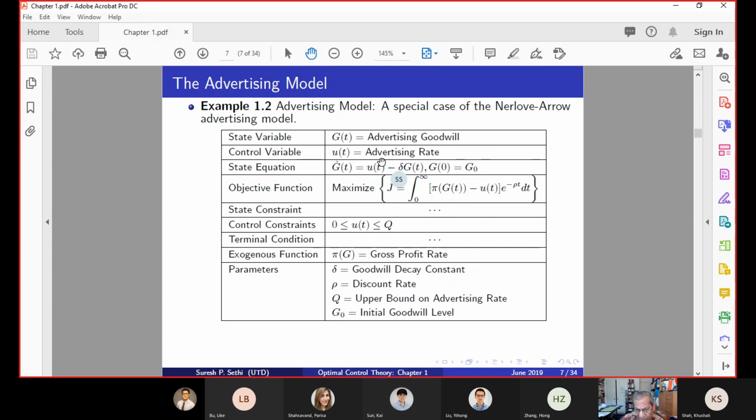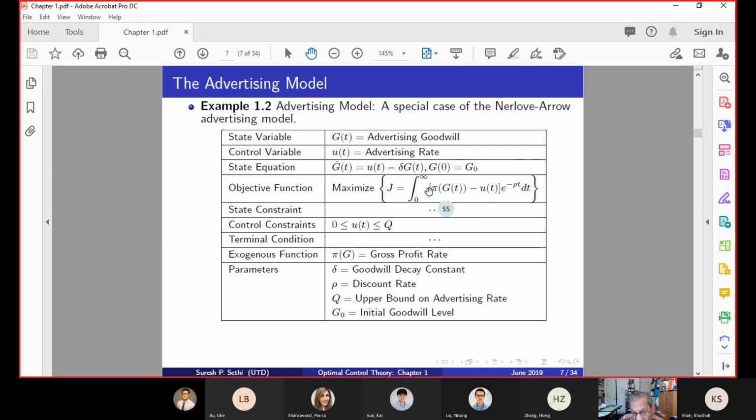Once again, we have a differential equation, and we have initial goodwill. There's a value of the goodwill, which is pi of G_t. That says that goodwill will give you some sales, and the sales will give you some revenue, and there may be some cost of that sale.